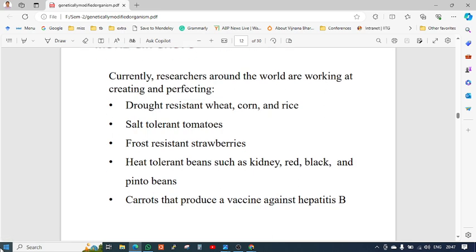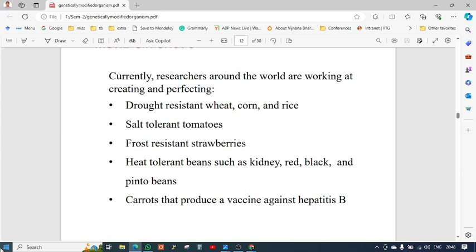Drought resistant wheat, corn, and rice: nowadays wheat, corn, and rice depend mostly on a lot of water in their fields. If water is scarce, of course, production decreases. To avoid this, because we cannot rely on the climate or precipitation and rain, we are developing drought resistant or water resistant varieties.